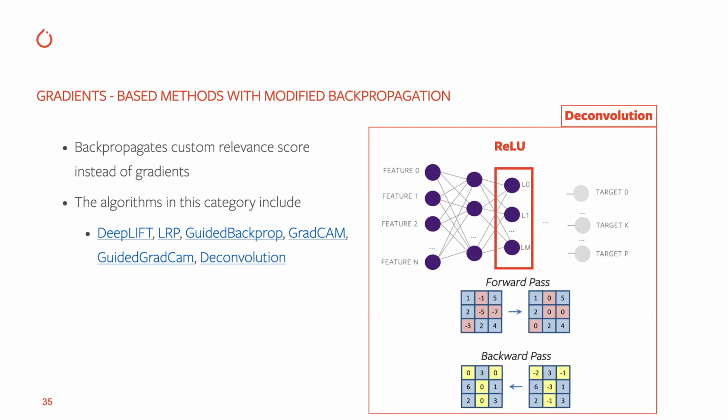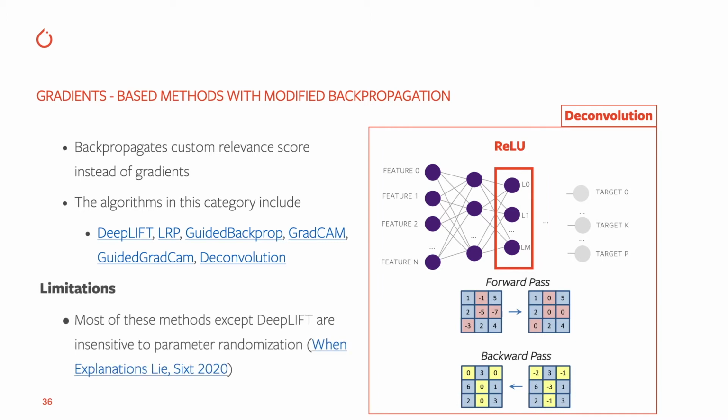During the backward pass, the deconvolution passes through only non-negative gradients, as also visualized in this example. So it modifies the gradients in such a way that only positive gradients are passed through the network, and this helps to focus on the part of the input that is more discriminative for reconstruction of the input.